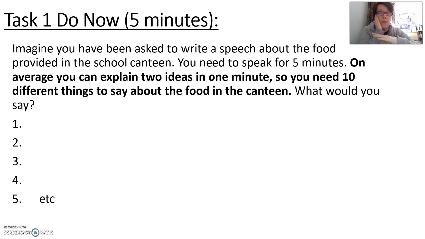So if, for example, one of your 10 things was the food in the school canteen is too expensive, what would you be saying about that in your speech? Other than to tell your audience the food in the school canteen is too expensive, and then maybe to give an example. I don't know, the paninis are £2, or whatever the example is. What else would you be saying?